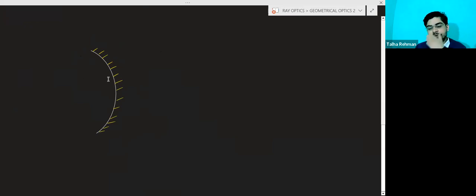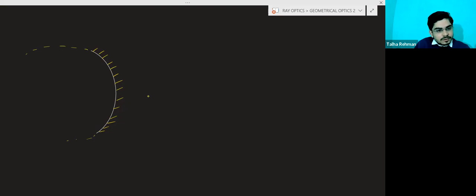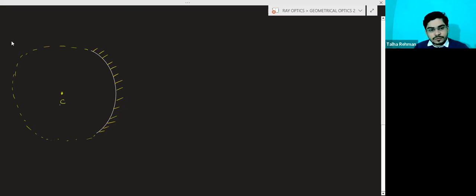In case of a mirror, we have seen a mirror is a part of a sphere. When you complete the sphere, it will be something like that. For the sphere, there is a center, and that center is known as the center of curvature of the mirror.